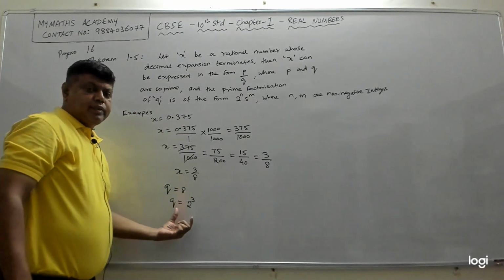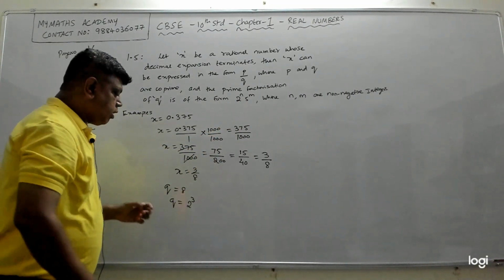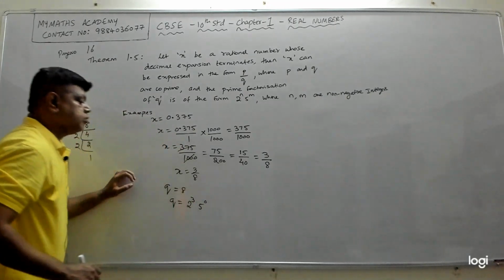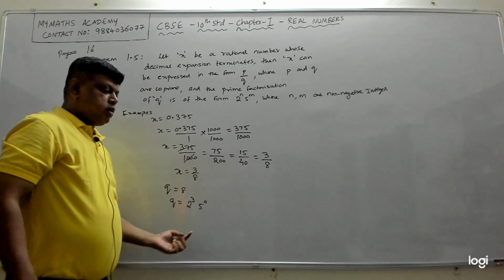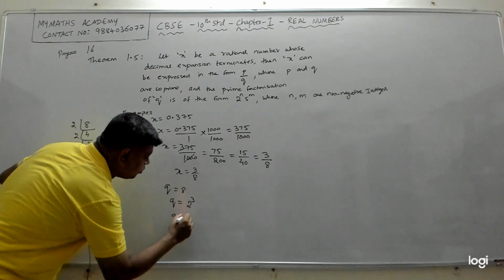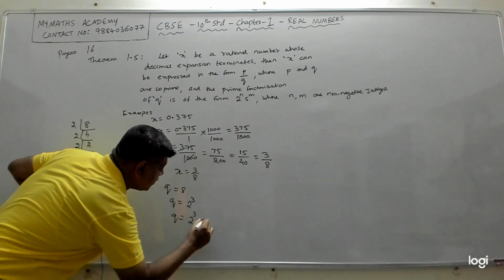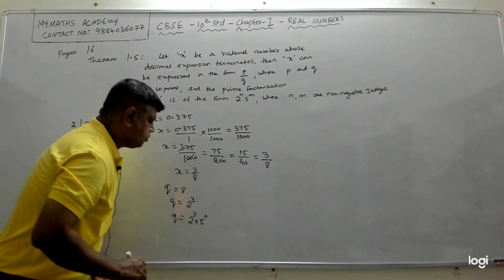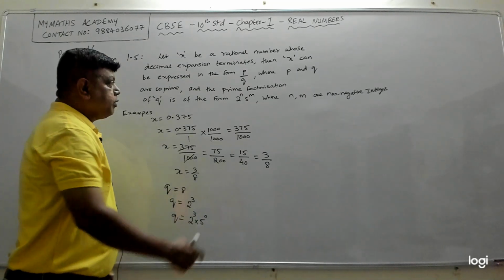There is no 5 here, but you can always put 2 power 3 into 5 power 0. 8 can be written as 2 cube, so q is 2 power 3 into 5 power 0, because 5 power 0 is 1.